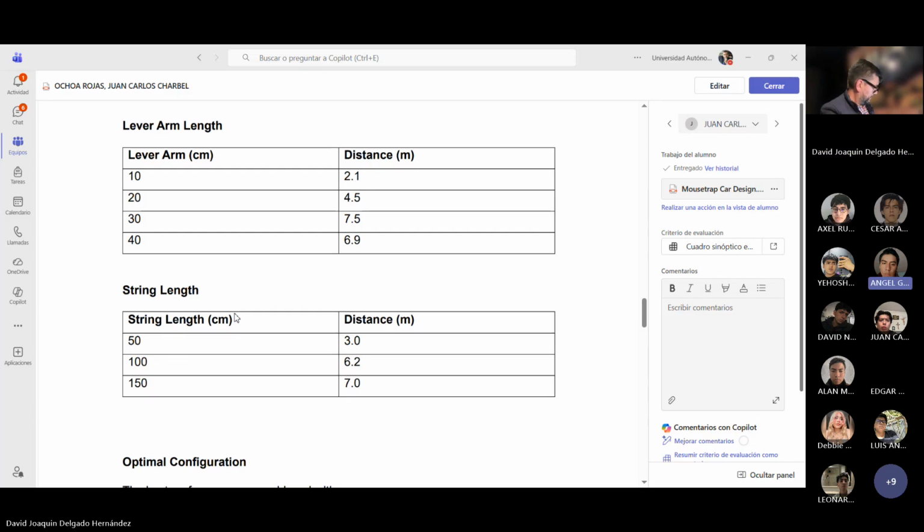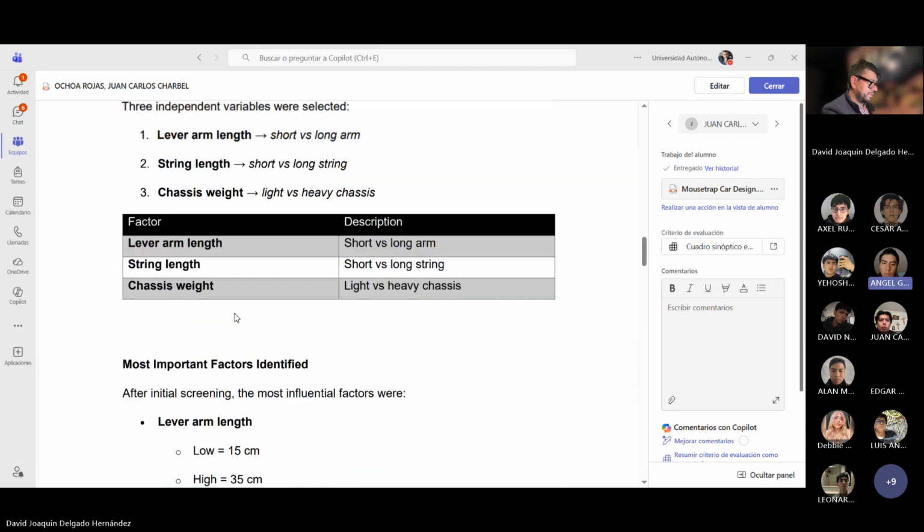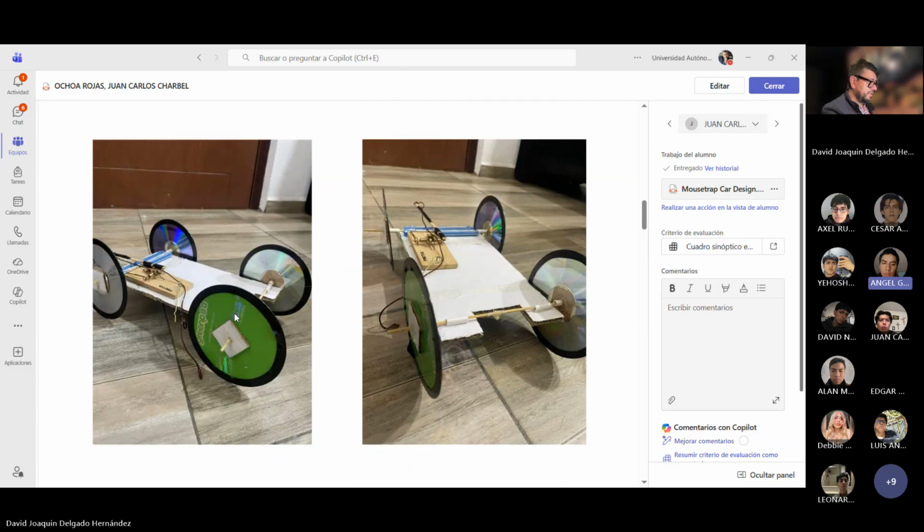In the first pictures, you can see that the mousetrap is glued to that piece of cardboard, but in other experiments, we added an extra part of cardboard at the end.